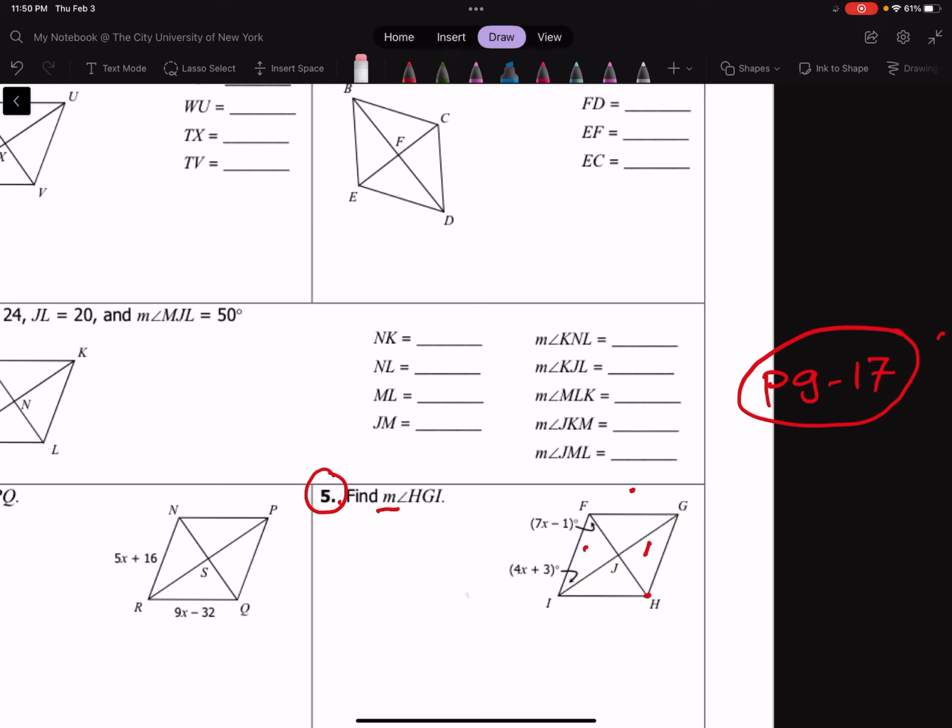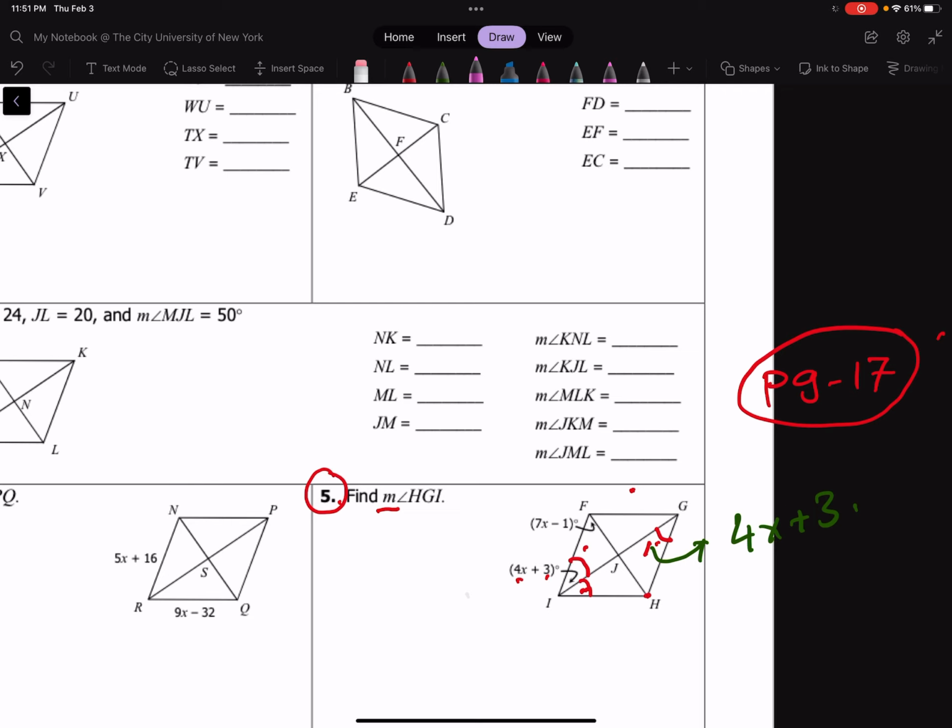So you can tell that this angle 4x plus 3 is congruent to this, and this angle is congruent to this. Since you need to find HGI, you can tell that this HGI is 4x plus 3.